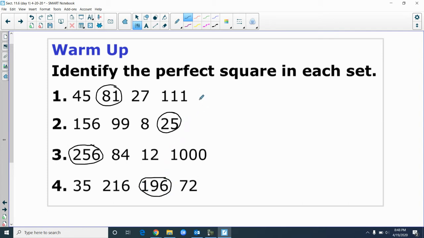Well, what's a perfect square? It's a number that's created when you square a constant. Some of the basic perfect squares are 1, 4, 9, 16, 25, 36, 49. 25 is 5 squared. 81 is 9 squared. 256, though, you might not be as familiar with that one.